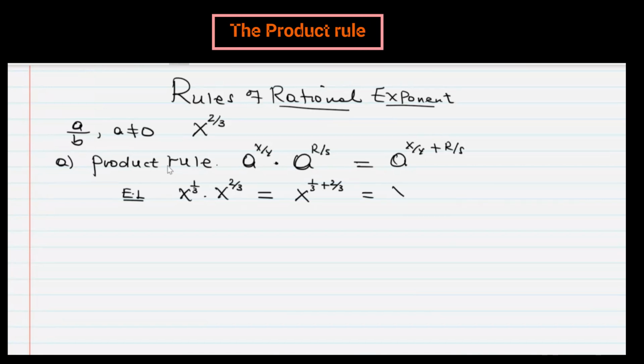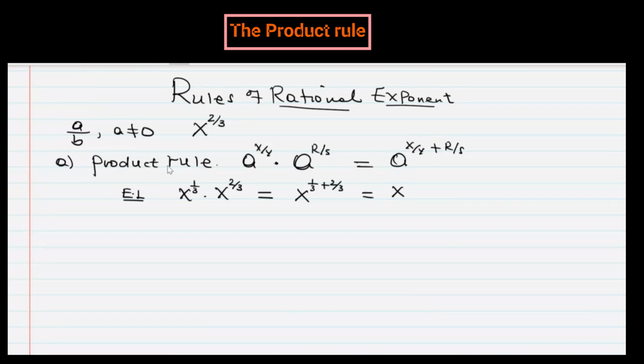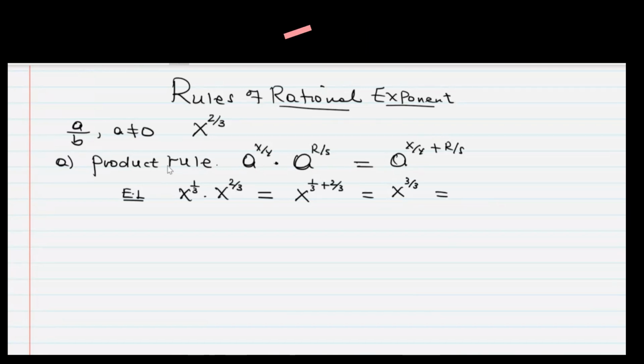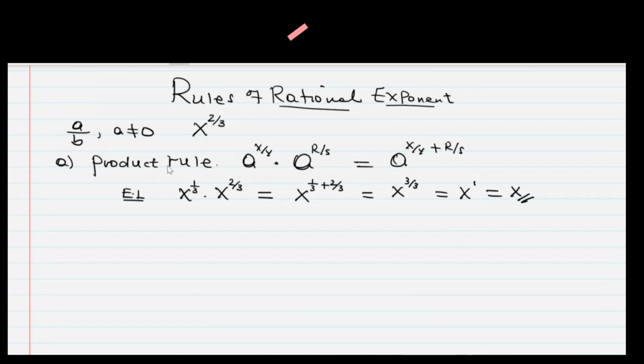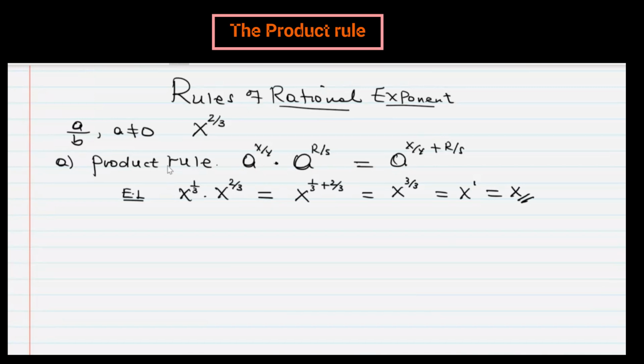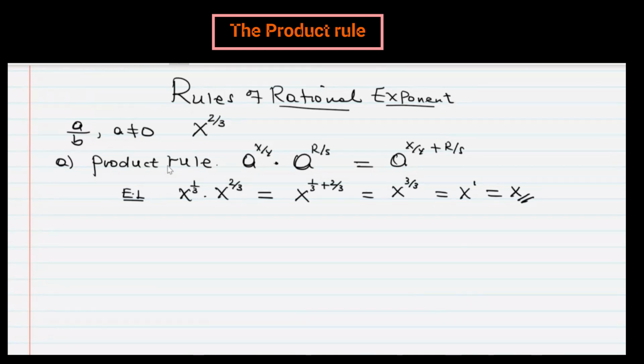This will take you to x to the 3 over 3, which in turn will give you x to the power of 1, which is equal to just x. If you don't know how to add or subtract rational numbers, I recommend you watch some other videos on that.